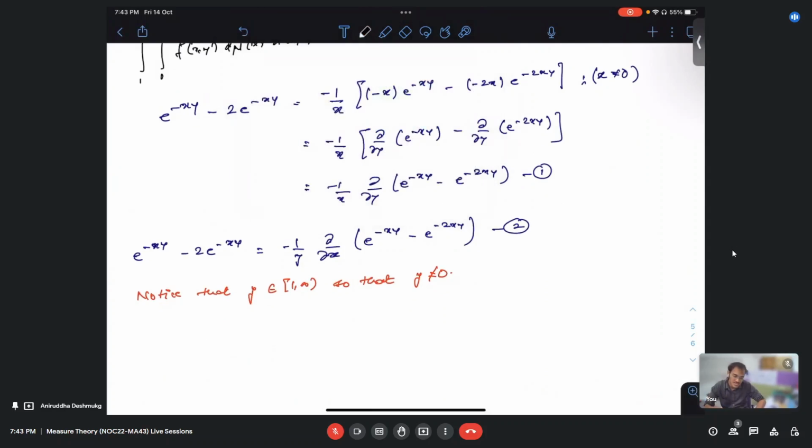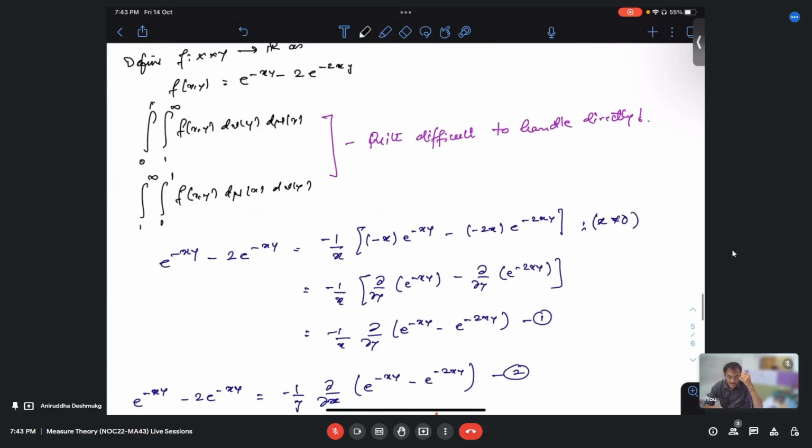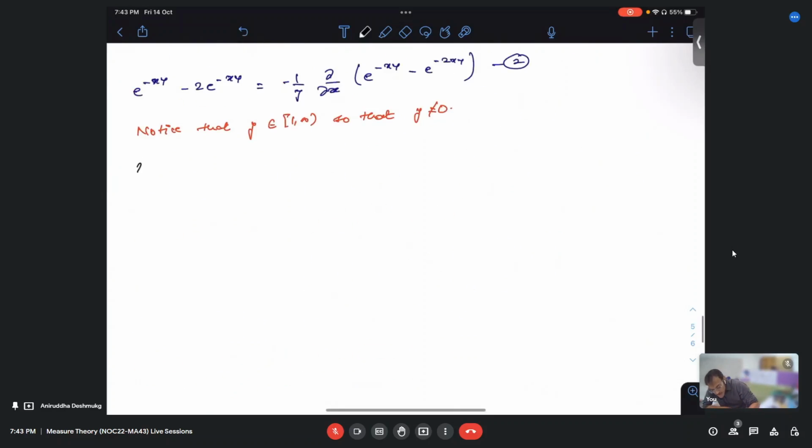Okay. So now let us compute it, because now one can hope to do it nicely, in the sense of using the fundamental theorem of calculus and all. So integral 0 to 1, integral 1 to infinity, f of xy d nu y d mu x.